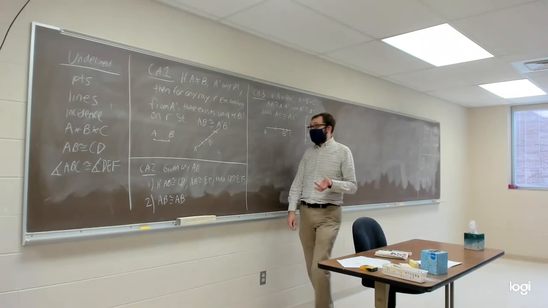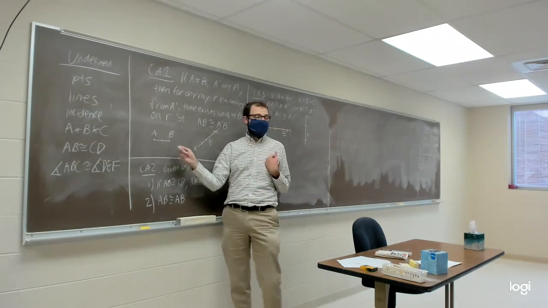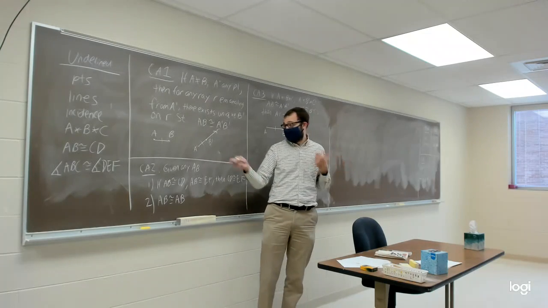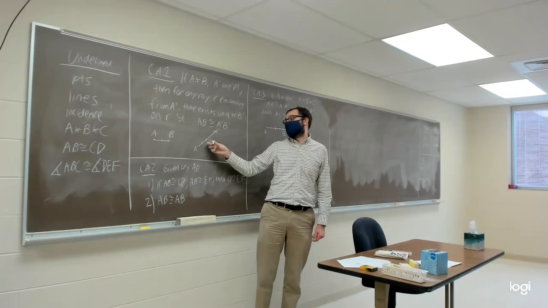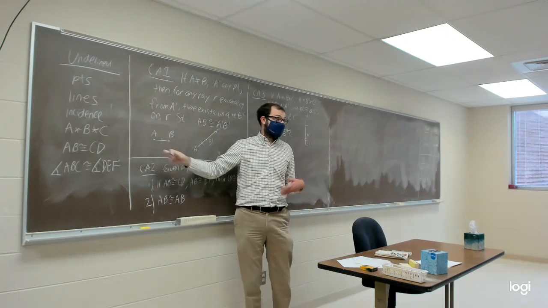In other words, this axiom says we can use the segment AB as a measuring stick, and chop off this ray R at the point so that we get something congruent to the segment we started with.